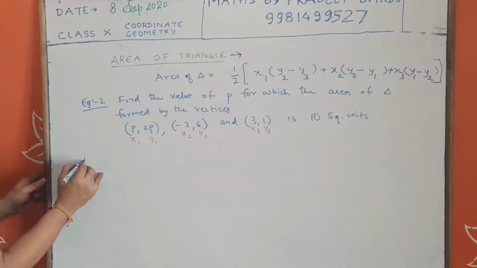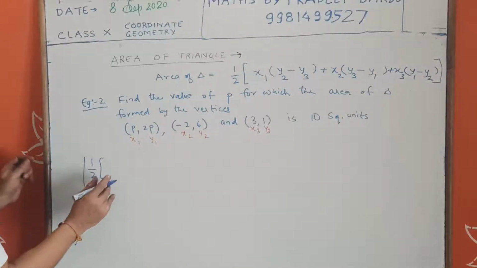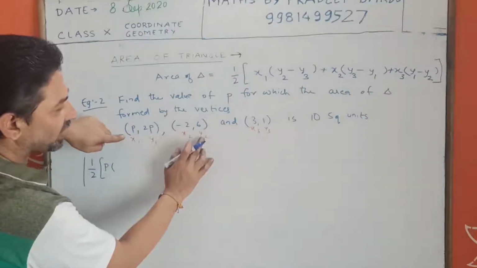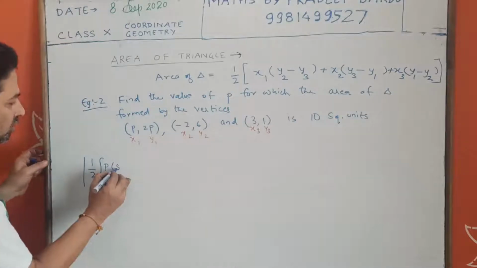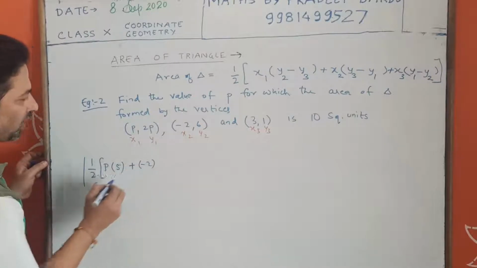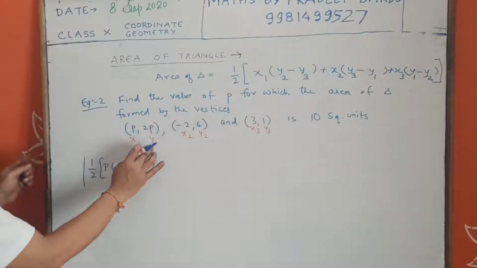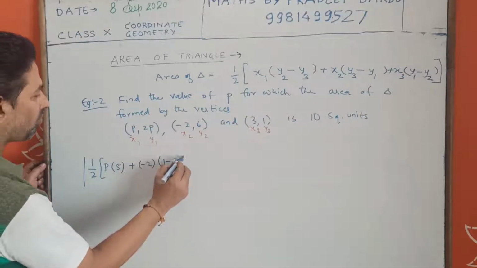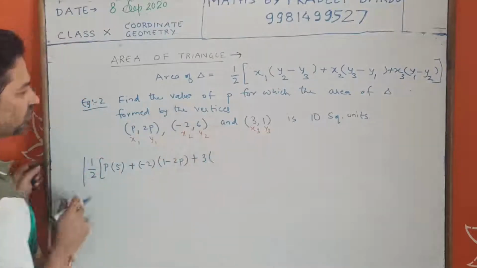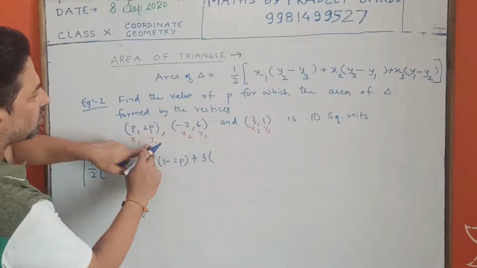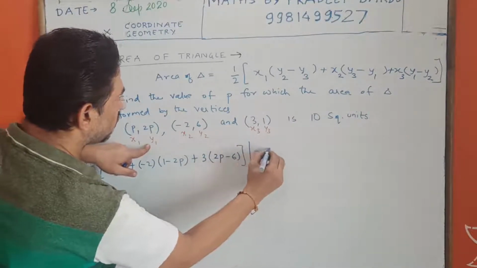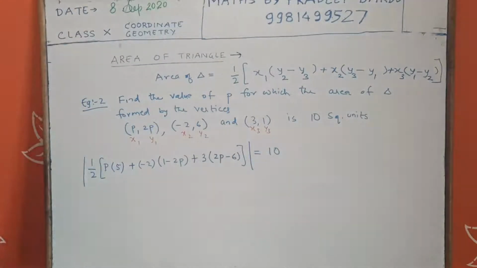Let's apply the formula: absolute value of half x1 (y2 minus y3), directly writing, 6 minus 1 this is 5, plus x2 (y3 minus y1), so 1 minus 2p, plus x3 (y1 minus y2), 2p minus 6, equal to 10, which is already given.